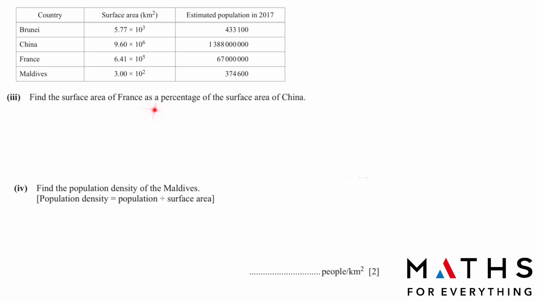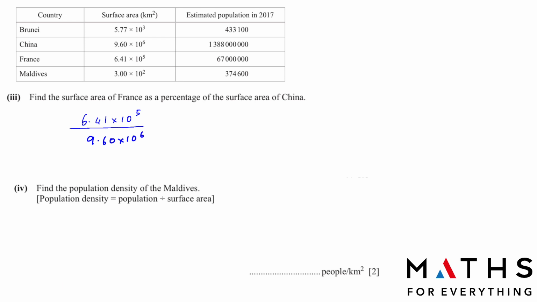Find the surface area of France as a percentage of the surface area of China. These are easy questions. You want to find the surface area of France as a percentage. So surface area of France will be on the top and surface area of China will be written down, which is 9.60 times 10 to the power of 6.